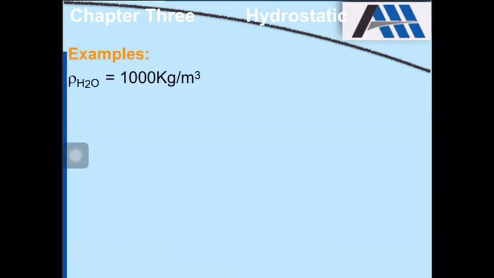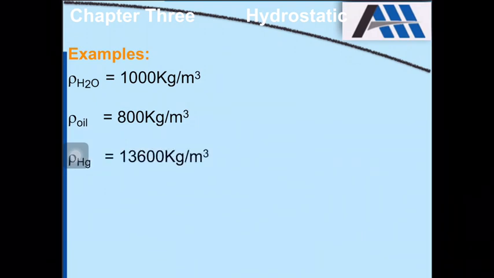As an example, the density of water is 1000 kilogram per meter cubed. The density of oil is 800 kilogram per meter cubed. The density of mercury, Hg, is 13,600 kilogram per meter cubed.